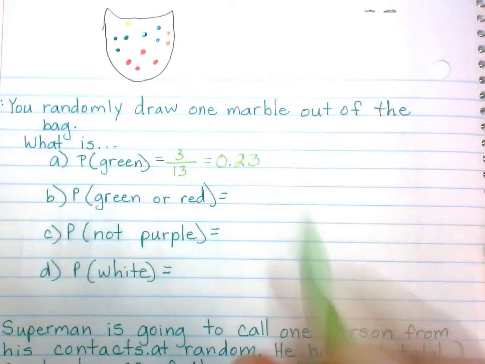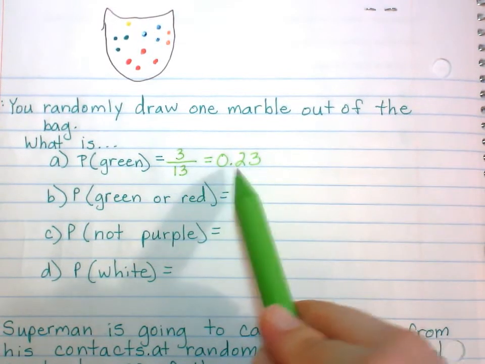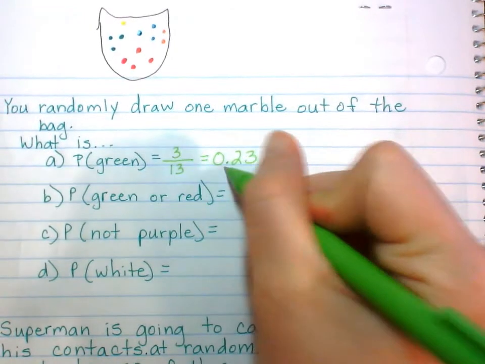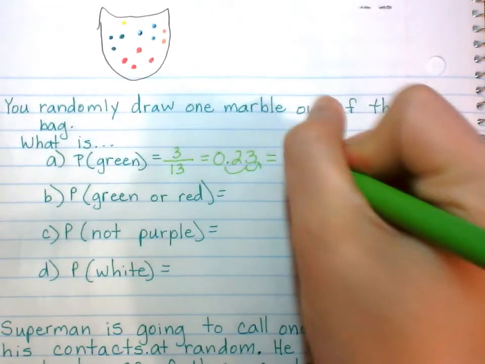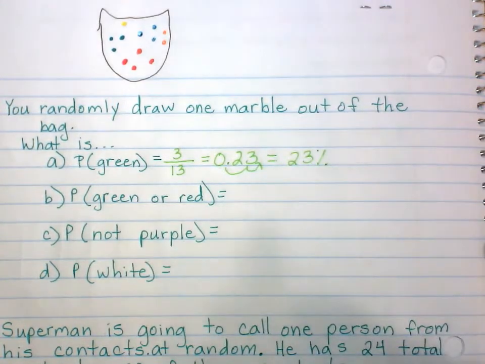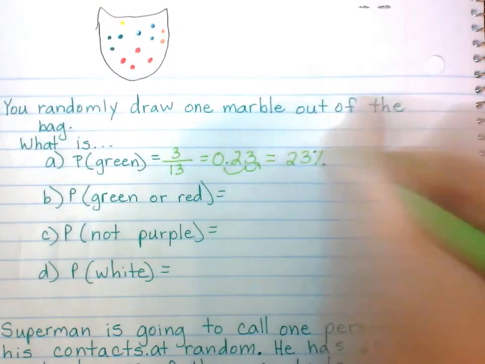So the probability is 3/13 or 0.23, 23 hundredths. What's that as a percent? We move the decimal 2 times to the right, 23. So it's a 23% chance of drawing green. Is that likely? Not really. 23% chance, that's not very likely. If it's out of 100, nah.